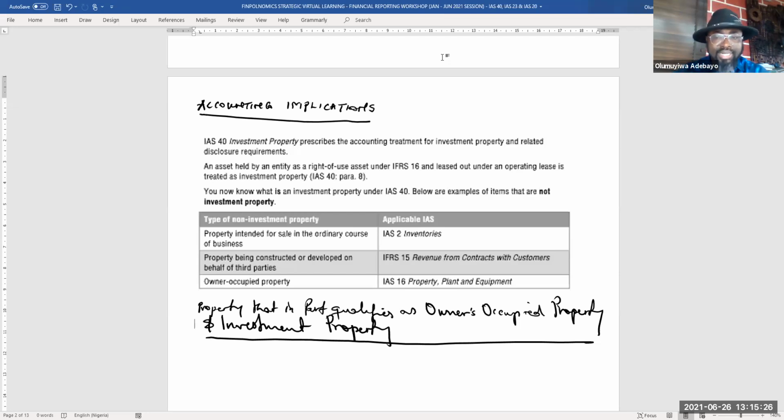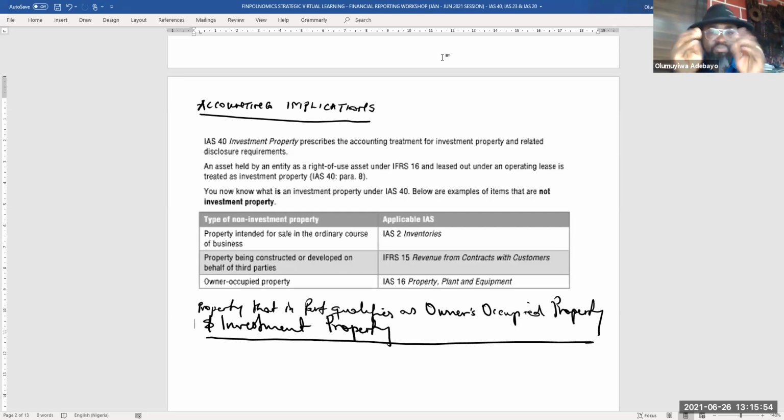In that case, we let out a small space that does not represent more than 10 to 20% of our space, and we still earn rentals in it. The question then is this: can we say in such an instance, the space they occupy is owner-occupied property, and the space they lease out is investment property?